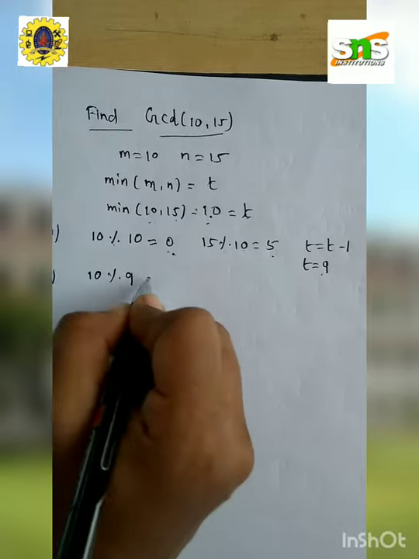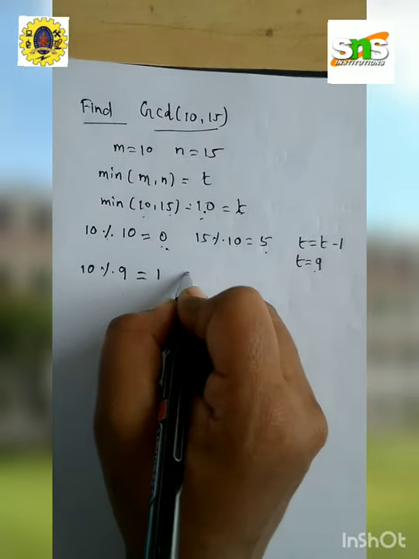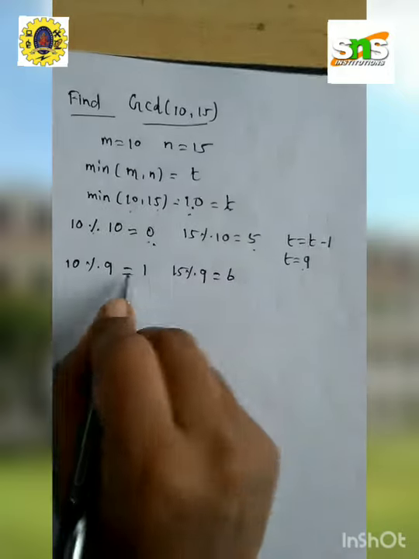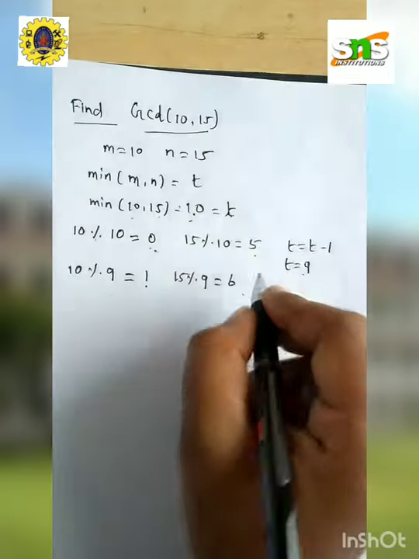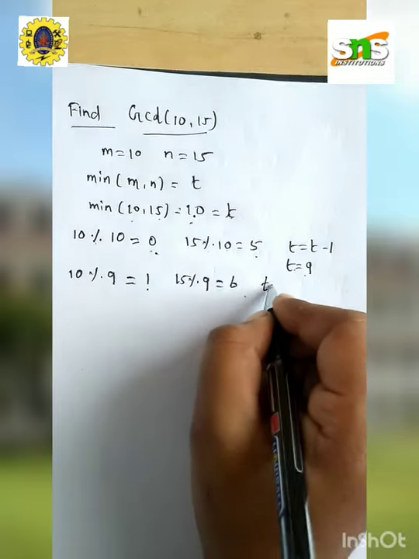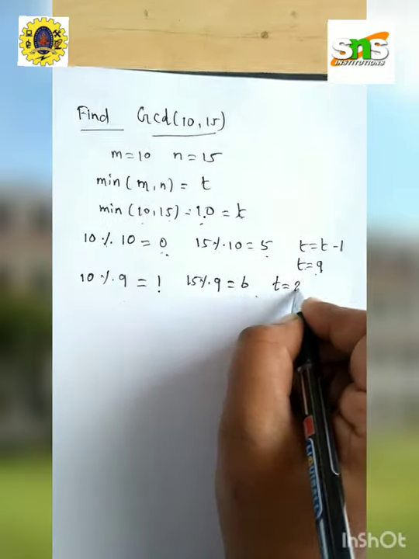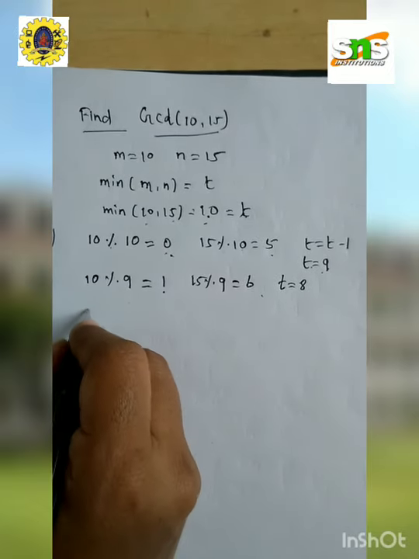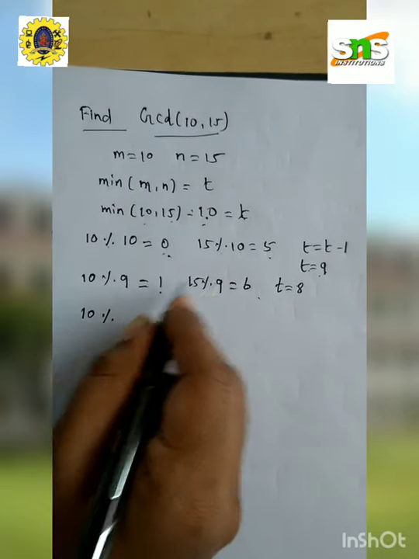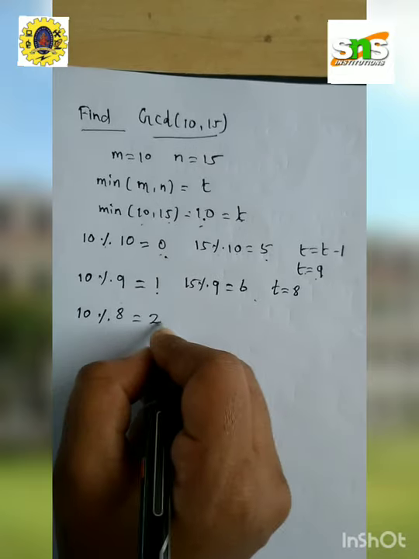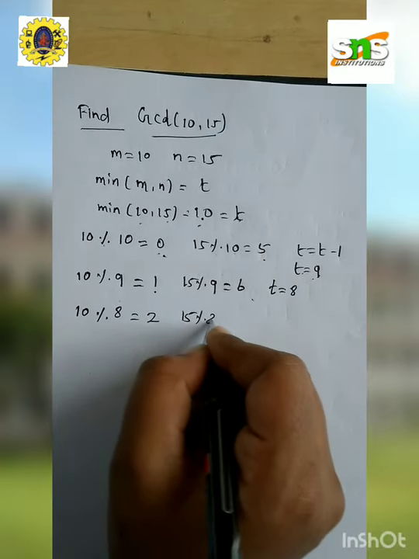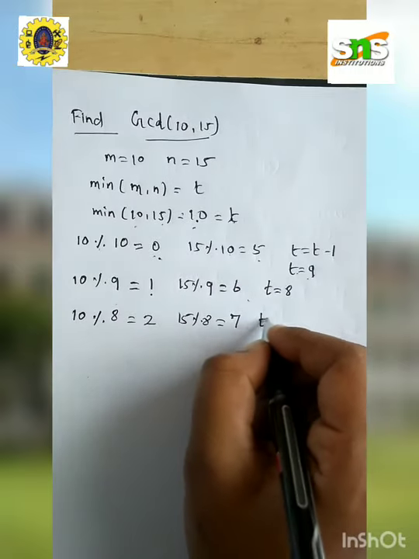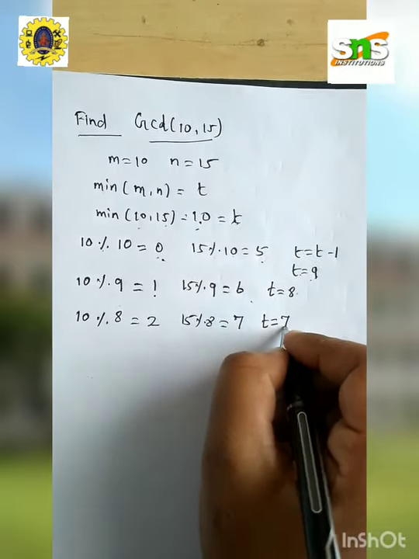10 mod 9 equal to 1 and 15 mod 9 equal to 6. Both values are non-zero. Again decrease t by 1, 9 minus 1, 8. The next iteration, take t value 8: 10 mod 8 equal to 2, 15 mod 8 equal to 7. Both are non-zero. Again t is t minus 1, 7.